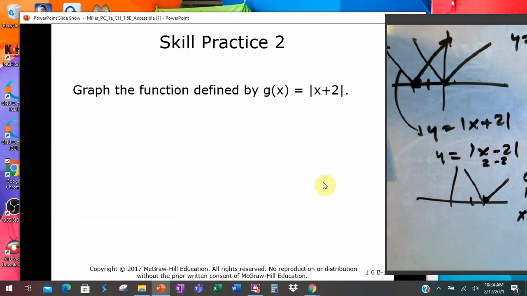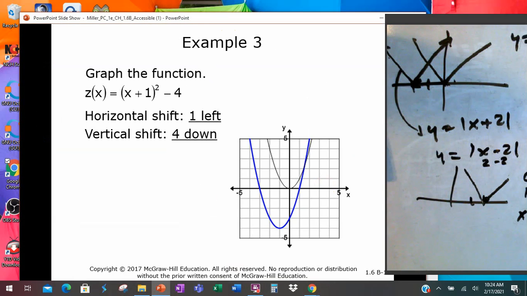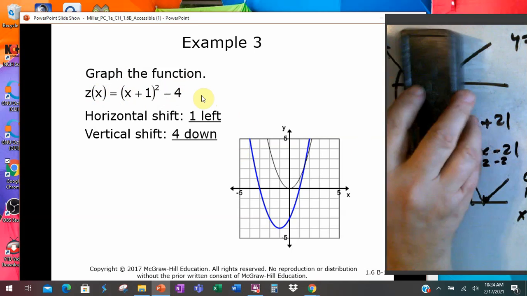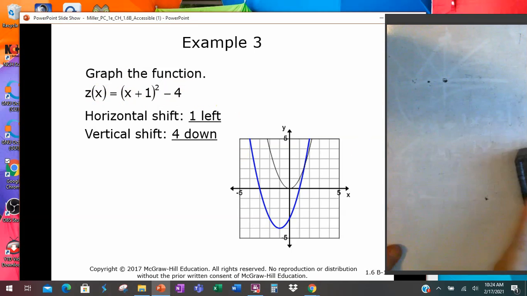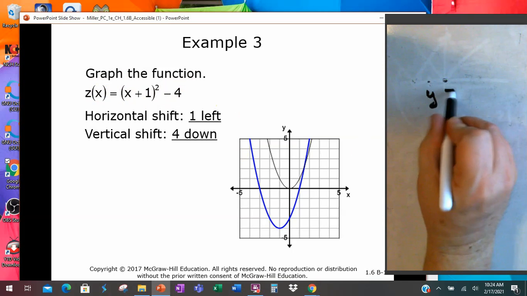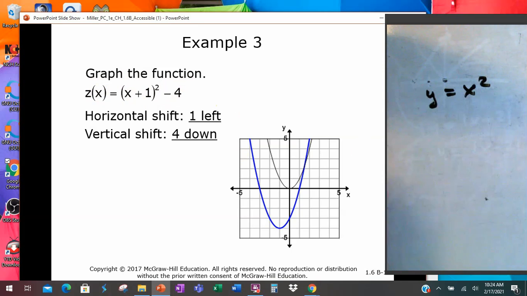And let's see, let me go from here. So here's a combination. And again, you have to consider where the transformation lies. So graph the function z of x is equal to x plus 1 squared minus 4. Okay. So what is the base function? You have to look at it and say, I recognize I've got something squared.